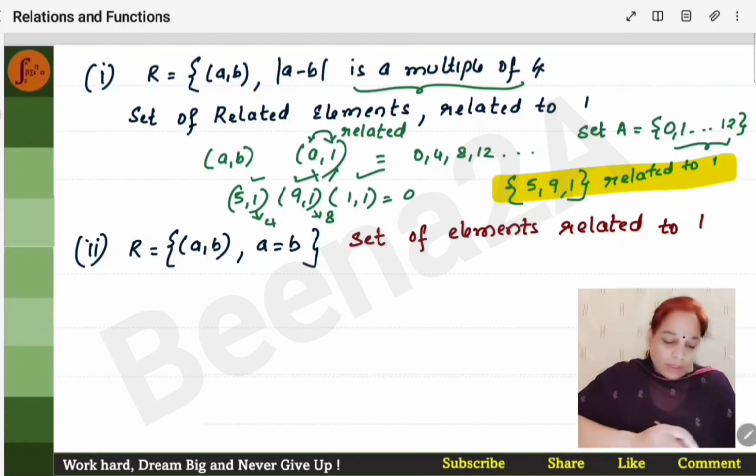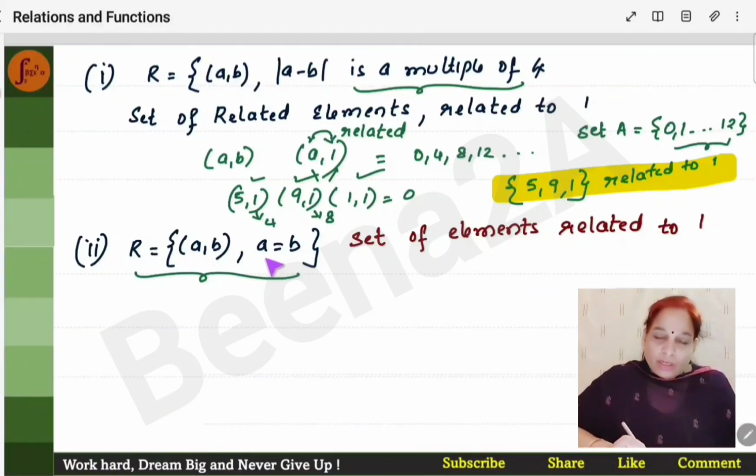Now, let's look at the second case. Here the relation is A is equal to B and you should find the set of elements related to 1. So, one of the elements should be 1. What is the other element? Here A is equal to B, which means the other element is also 1.